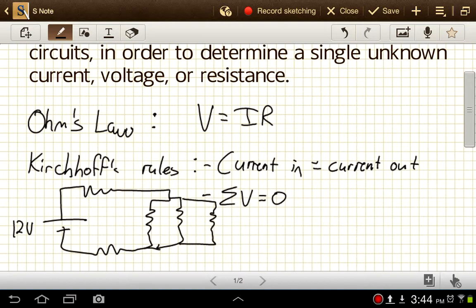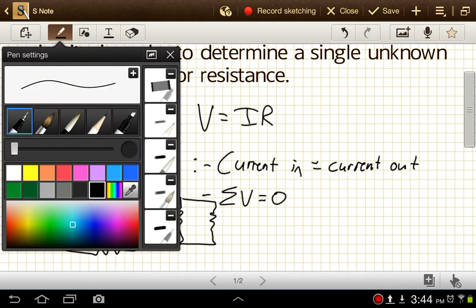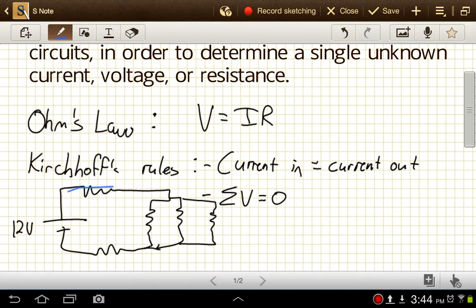So if we go, say, in this direction, we take this branch like that, the blue has a total voltage drop of 12 volts through those three resistors. And if we took a different path, say with the red, we ran it around this direction, there we go, and back to the battery.